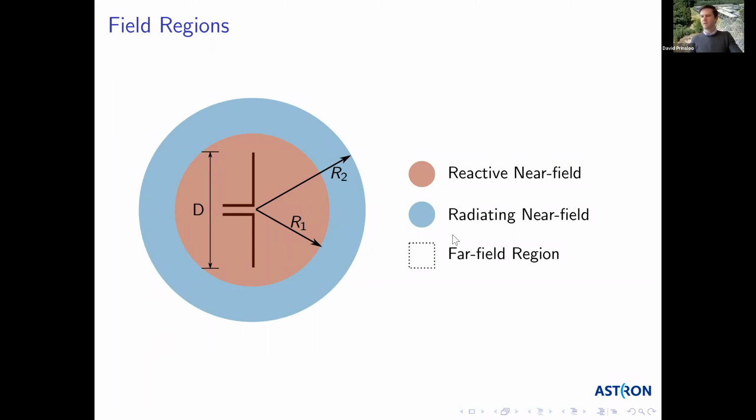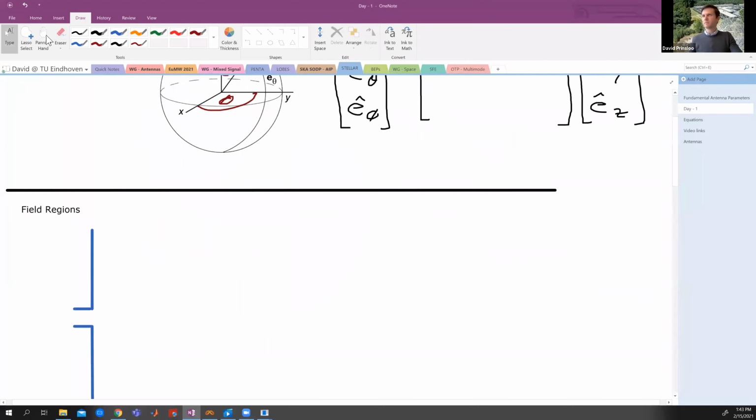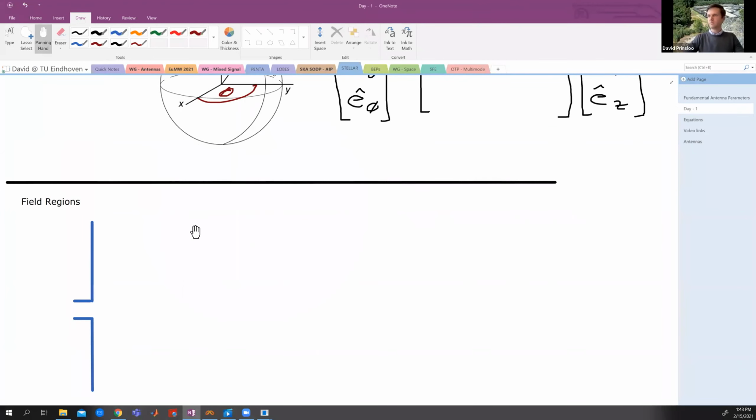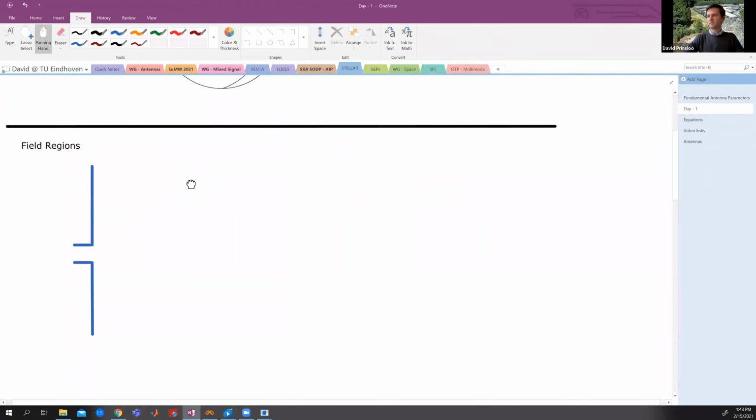So if I were to just illustrate that graphically, let's assume the following: this antenna element, just a loose schematic of a dipole, is oriented along the x-axis, and we're looking at the fields propagating along the z-axis.